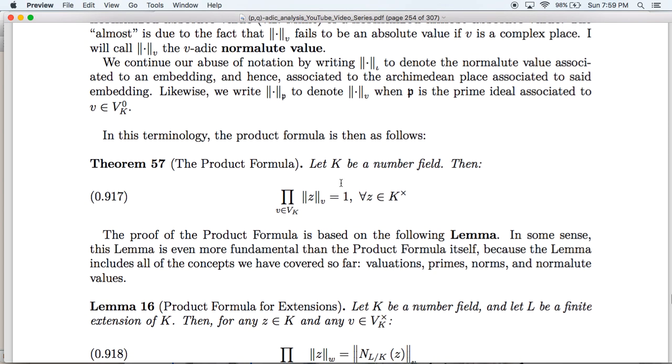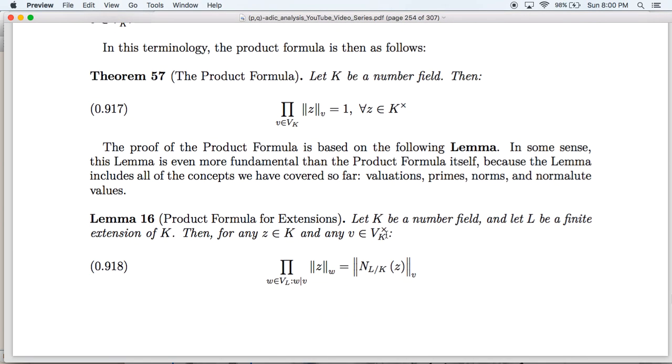The proof of the product formula is based on the following lemma, which is in some sense even more fundamental than the product formula itself, because the lemma ties together all the concepts we've covered so far: valuations, primes, norms, and normalute values. And by norms, I mean field norms.